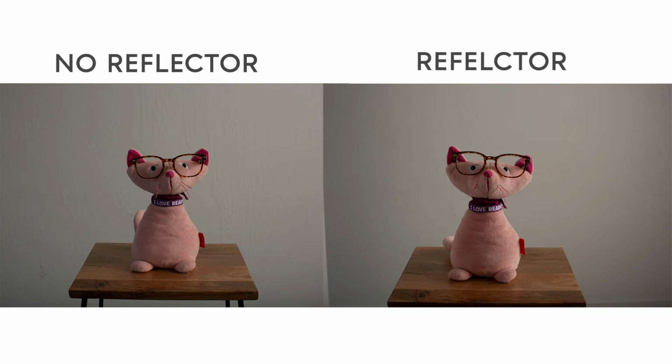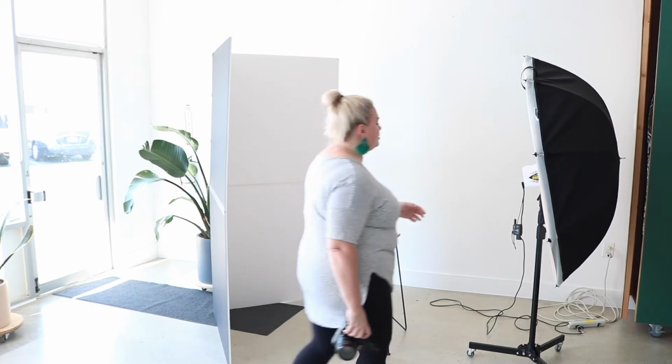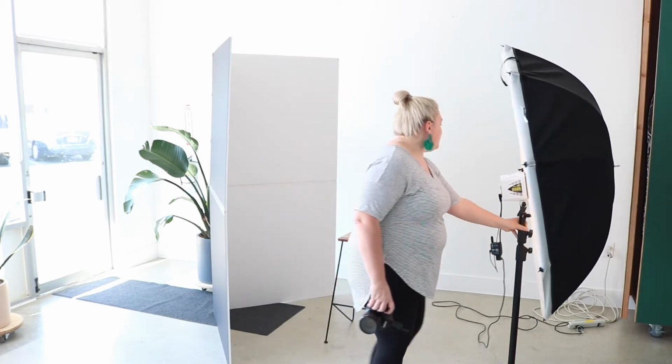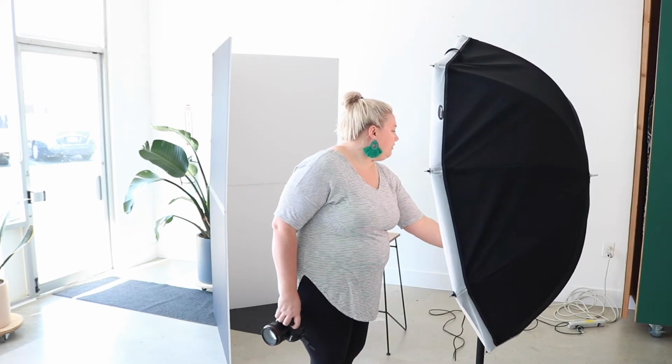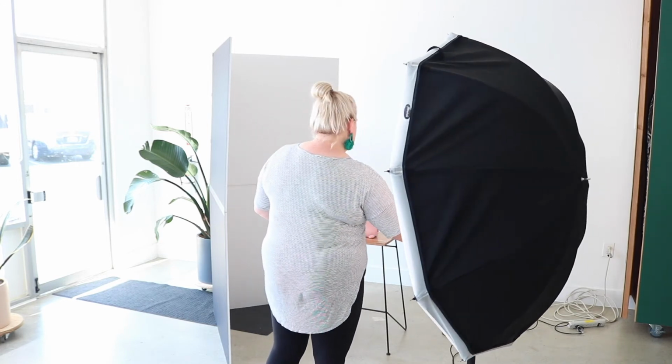Perfect. Okay, so that's what it looks like. You can see, I'm gonna compare the picture without the reflector at the very beginning and this picture now. And so I'm gonna do one with it a little feathered off at 45 degrees, like this.